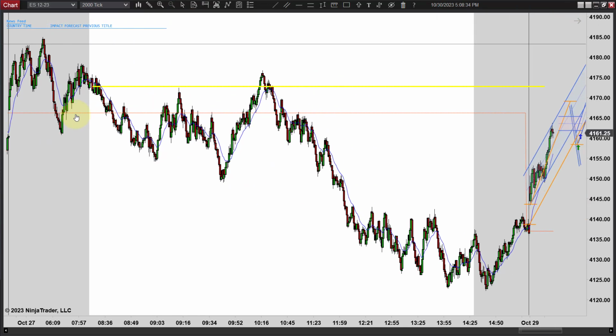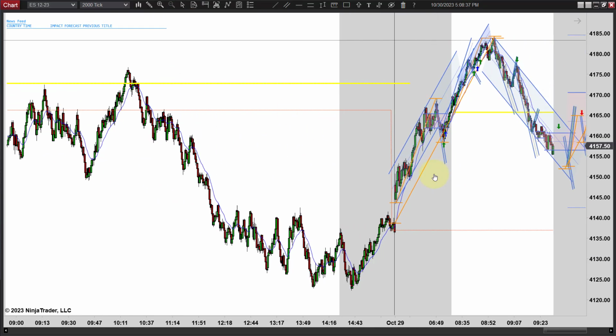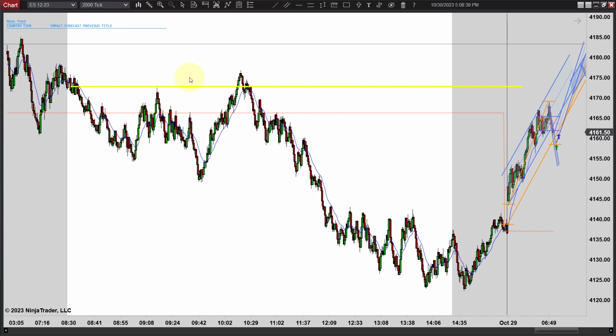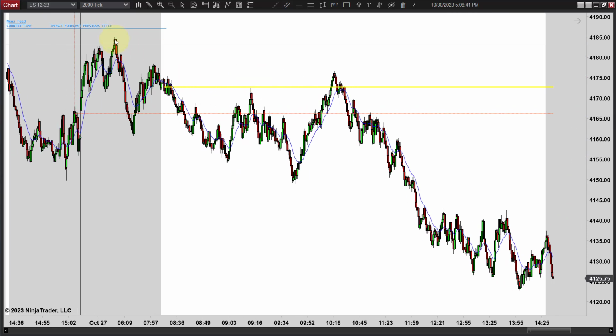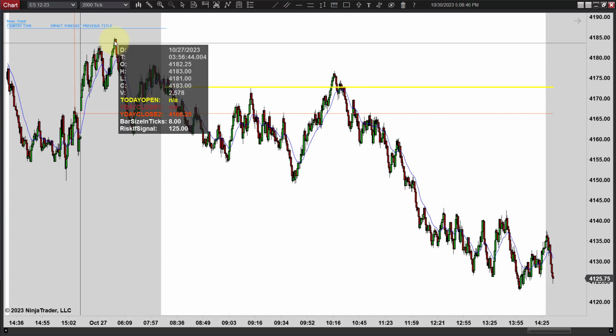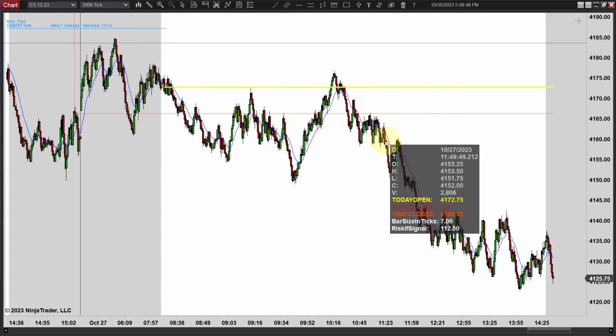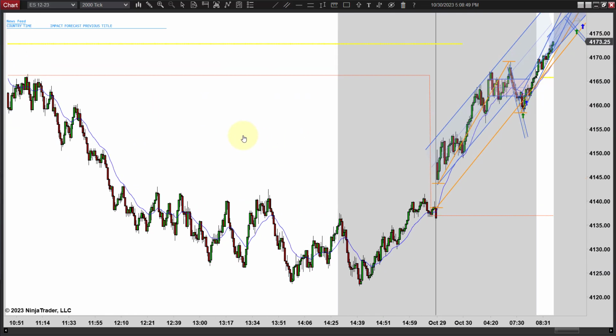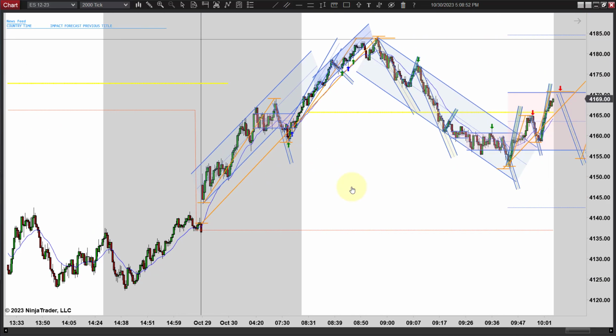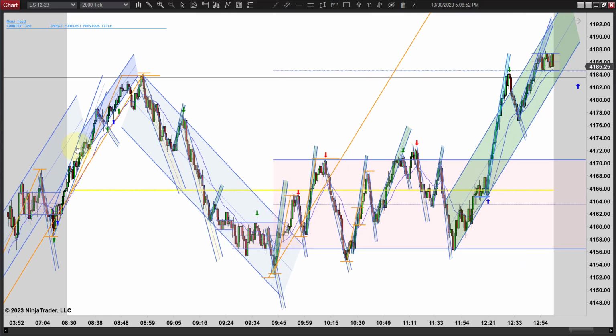As you can see, the highest we went today I think was this bar, and this 41.83. We might have got a little higher over here. Oh, that's Friday's, I'm sorry.